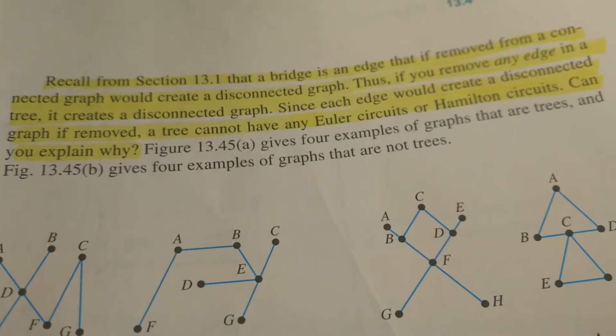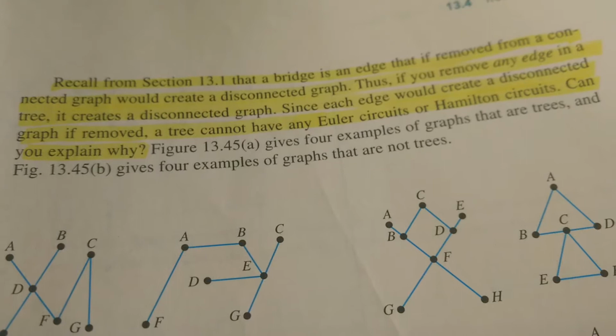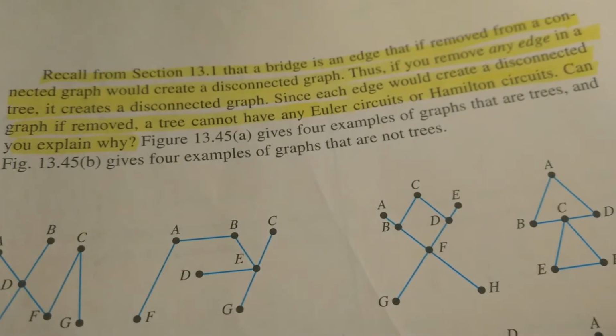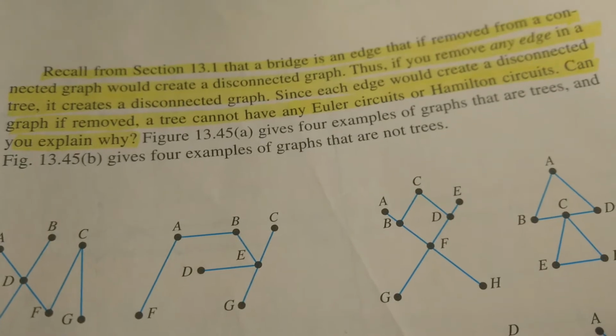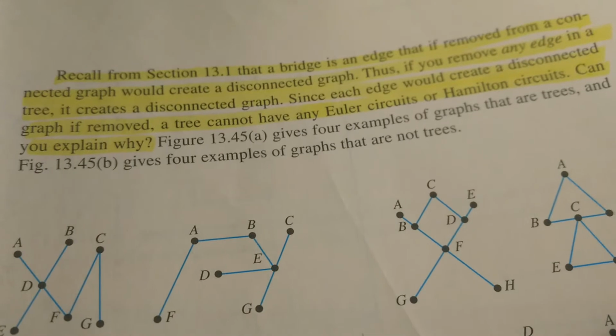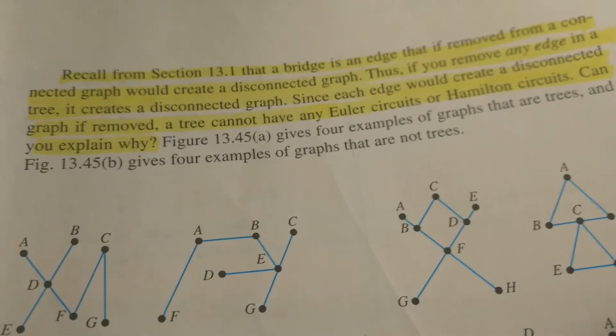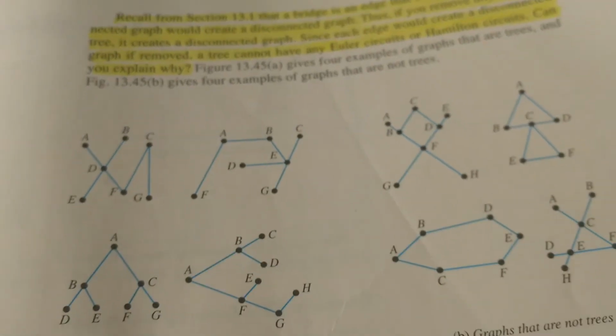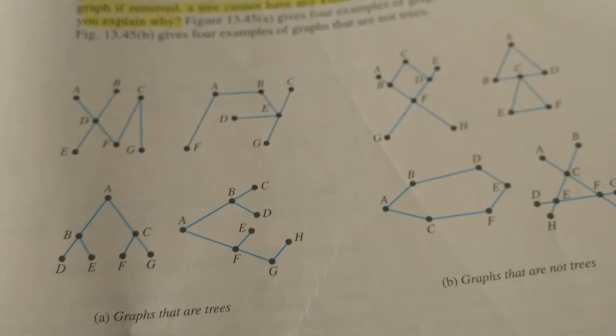Since each edge would create a disconnected graph if removed, a tree cannot have any Euler circuits or Hamilton circuits. Okay? So trees, the Euler circuit and the Hamilton circuit rules and theorems that we learned go out the window. And here's some examples of some trees.